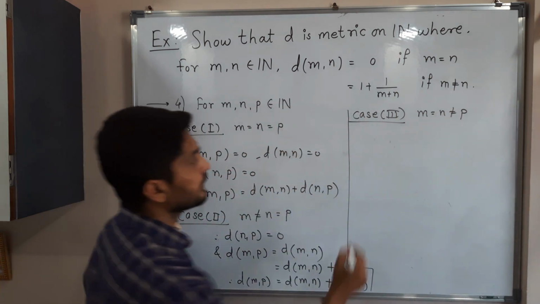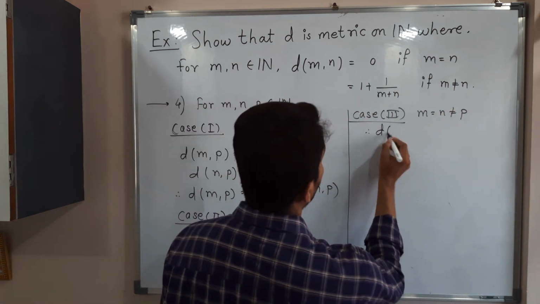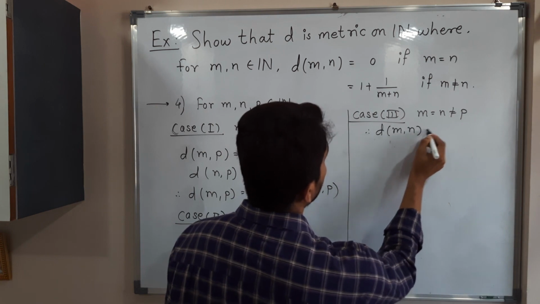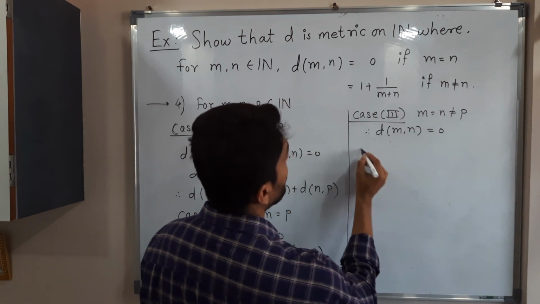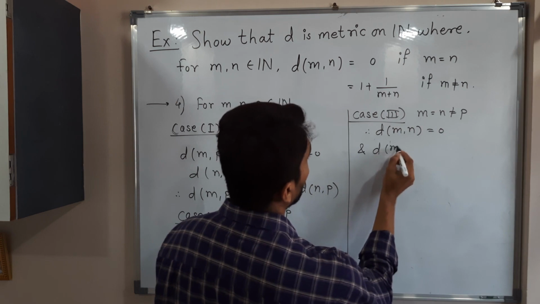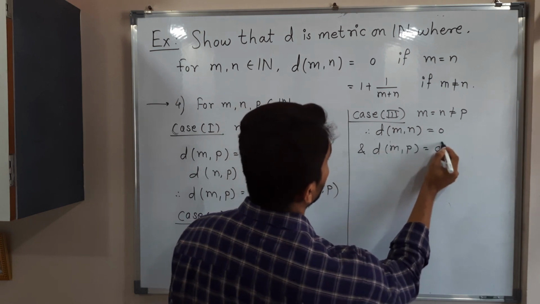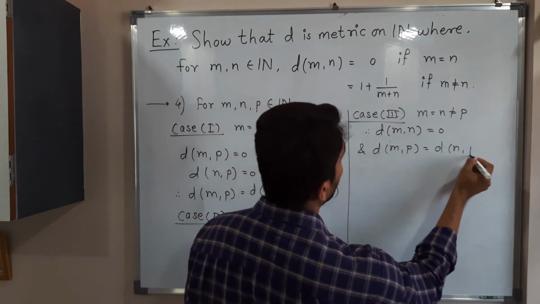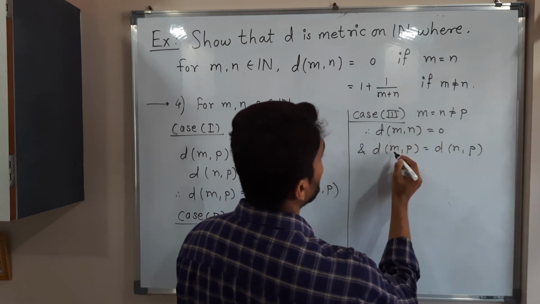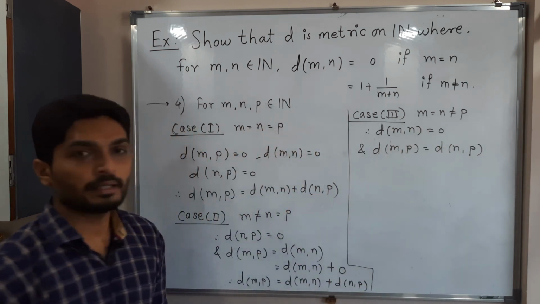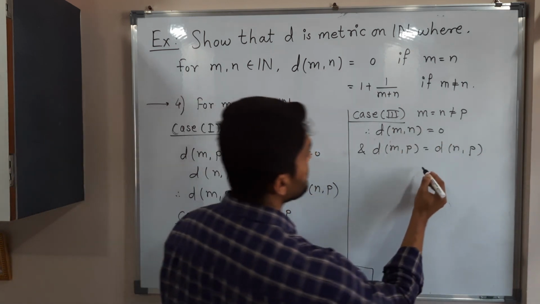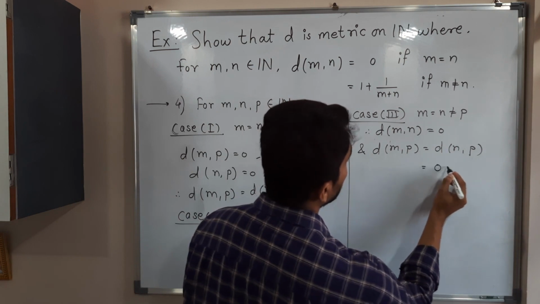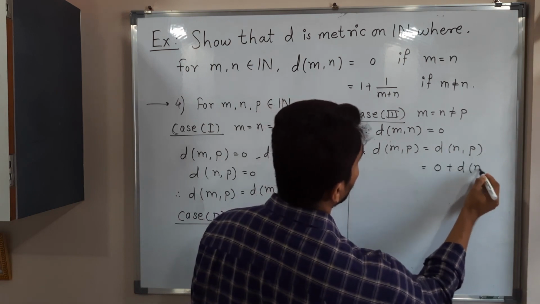See what will happen. Therefore I can write d(m,n) = 0, since these two are the same, and d(m,p) is the same as d(n,p), since m and n are equal now, so you can easily replace m by n. This is equal to 0 + d(n,p).